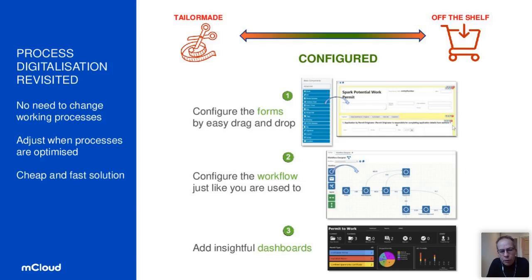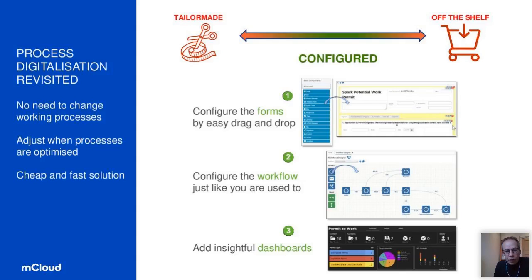And above all, the implementation of this is actually cheap and fast. We can do a permit to work process implementation in a matter of weeks instead of months this way. And the costs are very good. You can see that this way, it brings the best of both worlds into one solution.